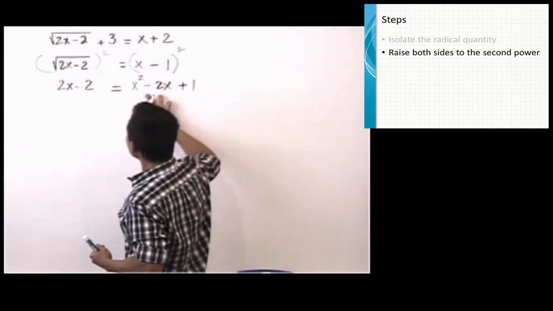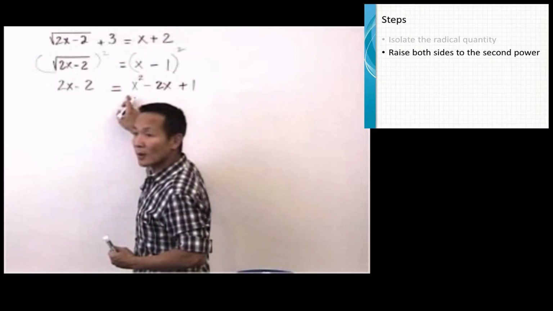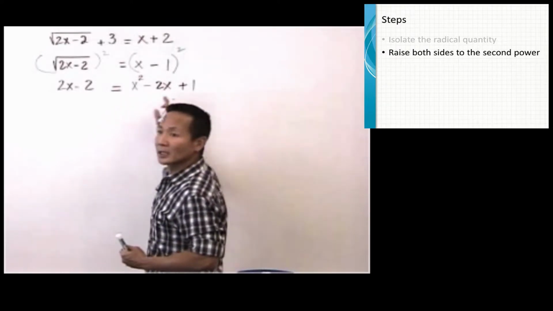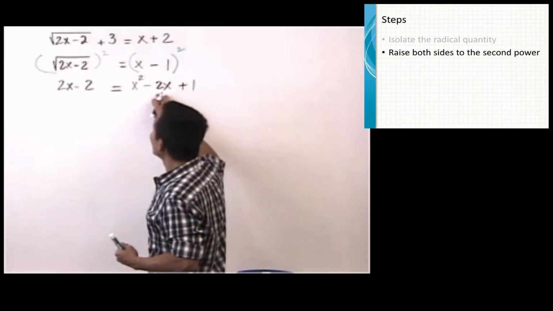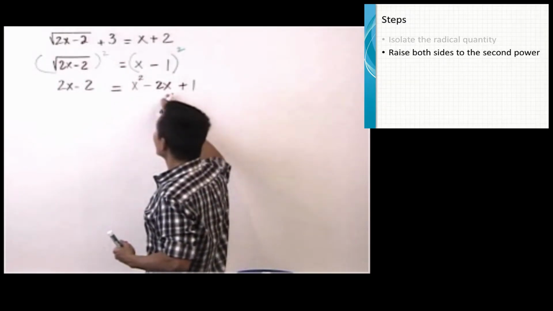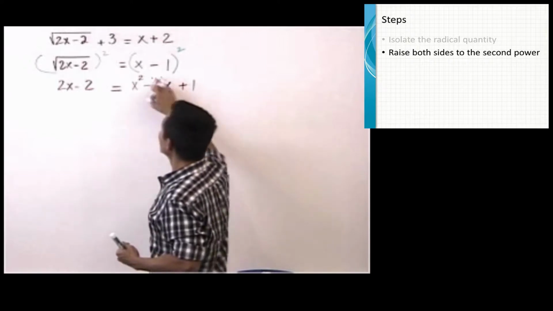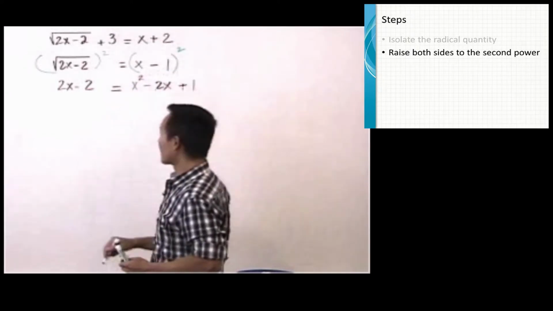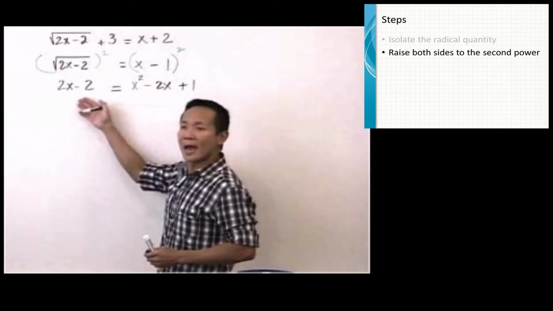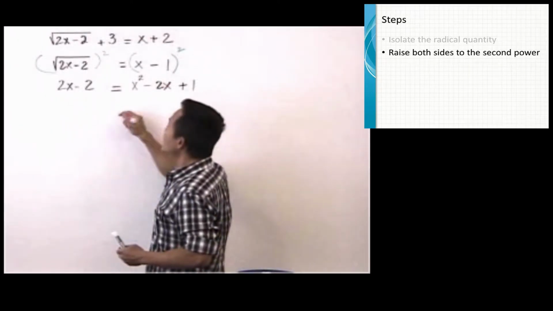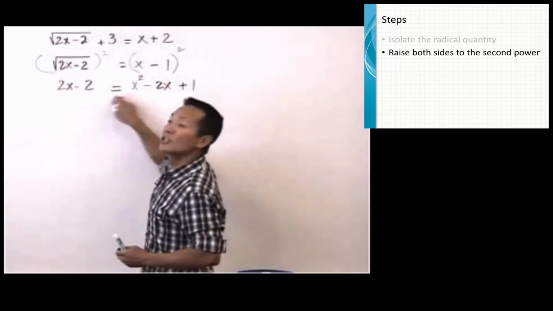So this trinomial x squared minus 2x plus 1 is the result of the FOIL of x minus 1 to the second power. And then notice, no more radical, but we have a nonlinear equation.